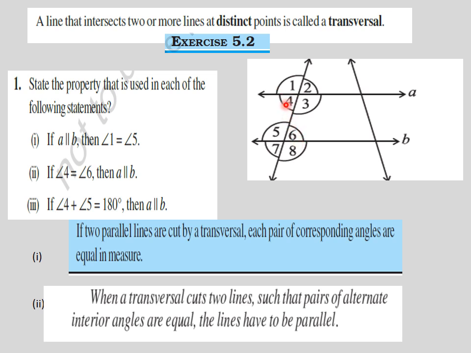So these are alternate interior angles. So if alternate interior angles are equal, then A is parallel to B.